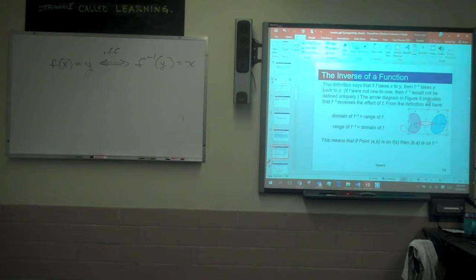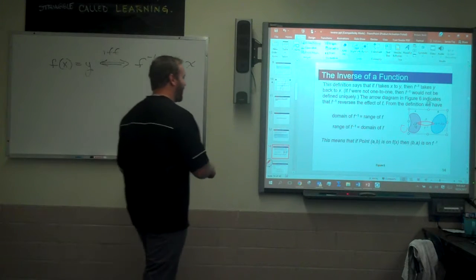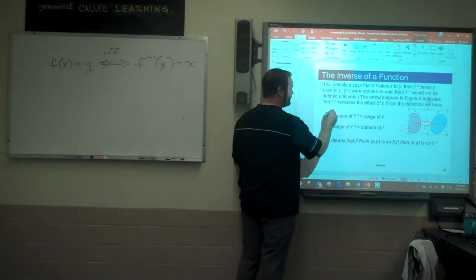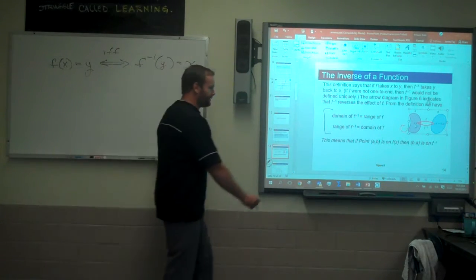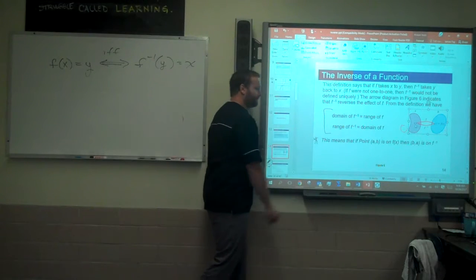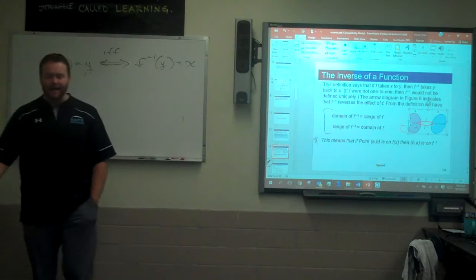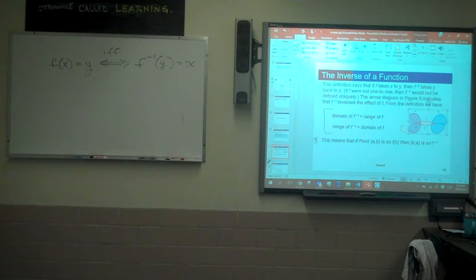So if you know your x values for the domain of your original function, you know the range values of its inverse. Writing that may be a little clearer, easier to visualize. Those two statements lead you to this argument: if you have the point (a, b) on f, your original function, then the point (b, a) is on f inverse.